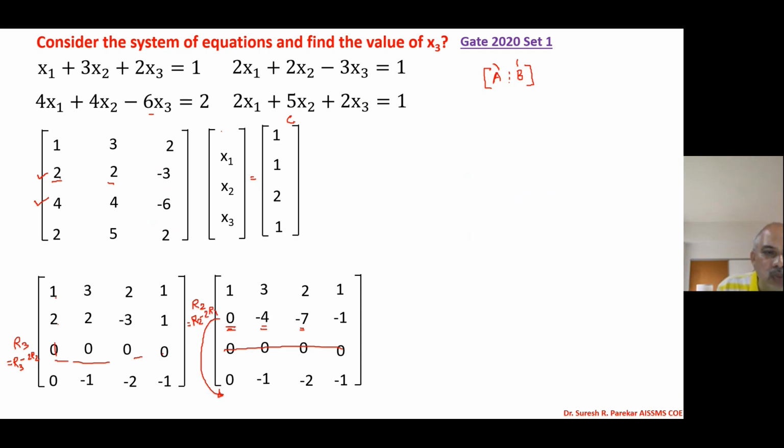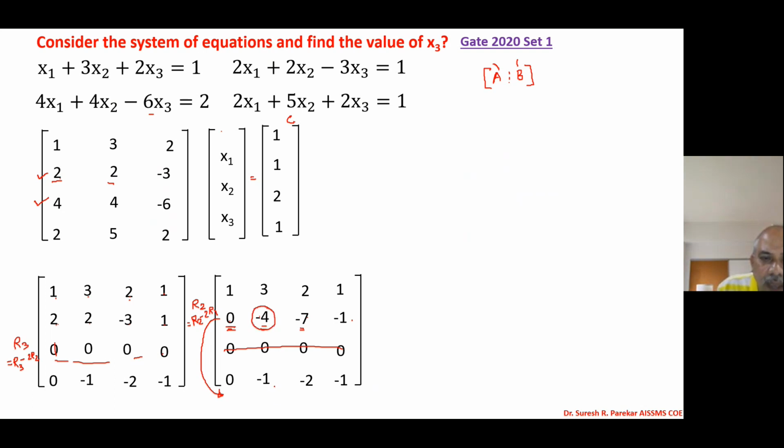So minus 2 into 1 plus 2 becomes 0. Minus 2 into 3 minus 6 plus 2 becomes minus 4. Minus 2 into 2 minus 4, minus 3, minus 7. Minus 2 into 1, minus 2 plus 1, minus 1. And then now we will make this 0, and this is how we will make 0.